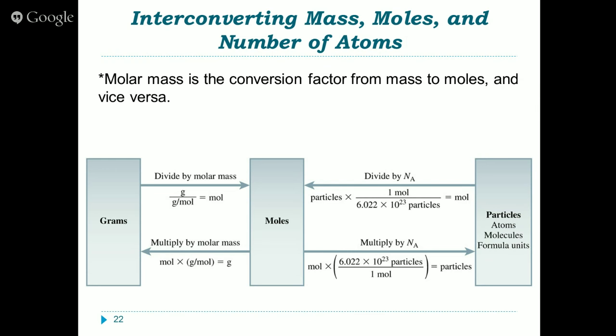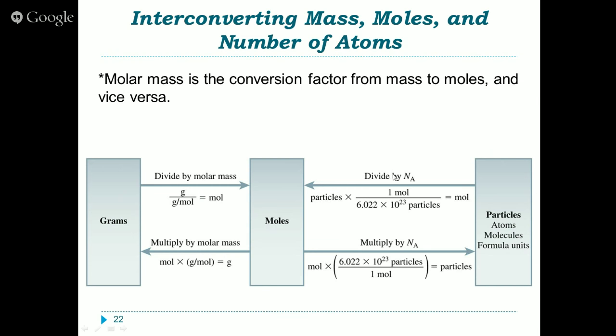How do we convert? Anytime you're going to go between grams and moles, we have to have the molar mass. Regardless of whether we're going to divide or multiply, this is the conversion factor that we need, molar mass. Grams into moles, I'm going to divide. Moles into grams, I'm going to multiply. So just the opposite. I can also convert between moles and the number of particles that I have, whether they be atoms, molecules, formula units, electrons, ions, whatever.